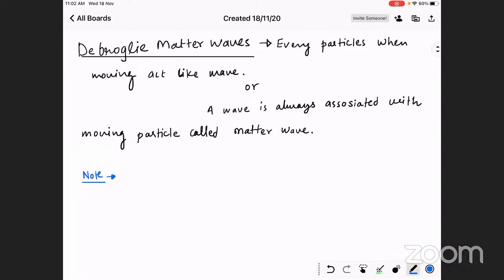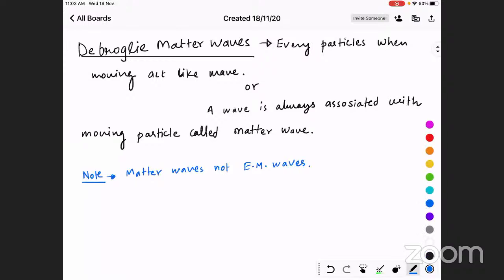Always remember, if the momentum of the particle is high, the wavelength will be low. Remember, matter waves are not EM waves.